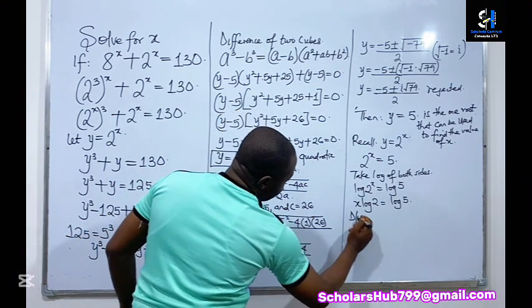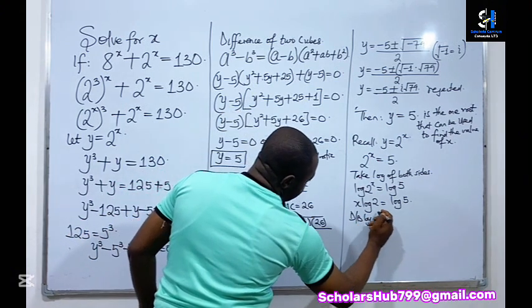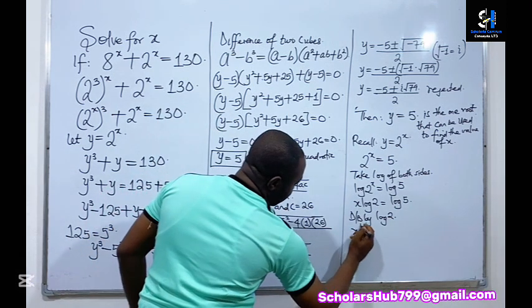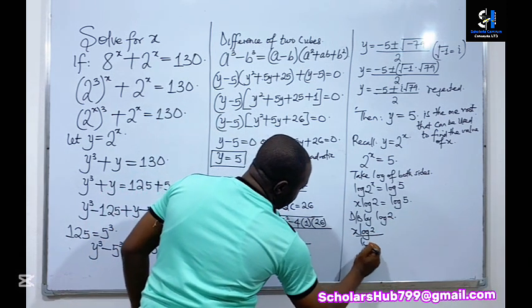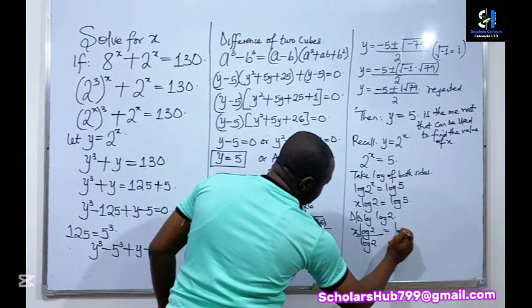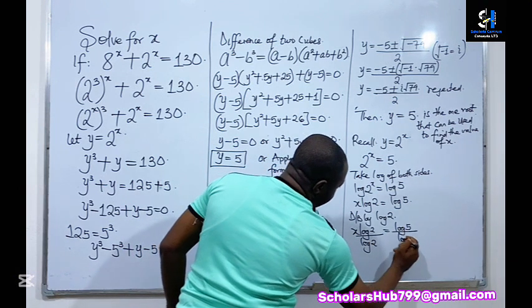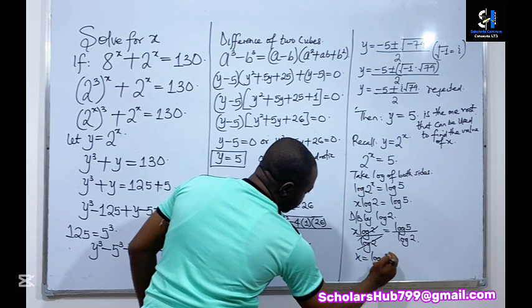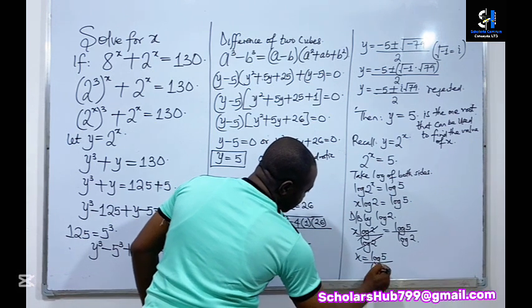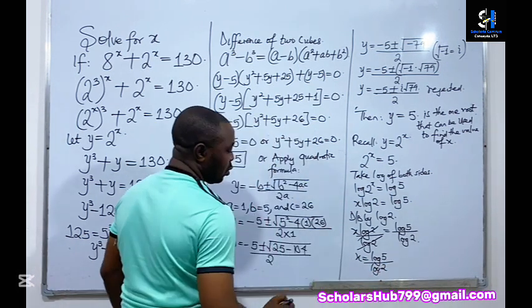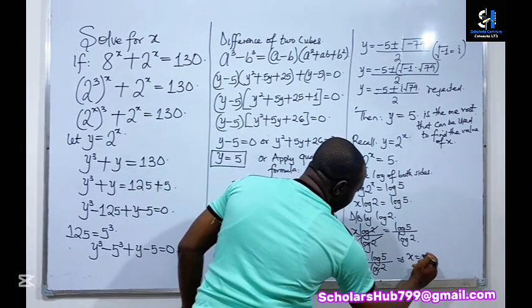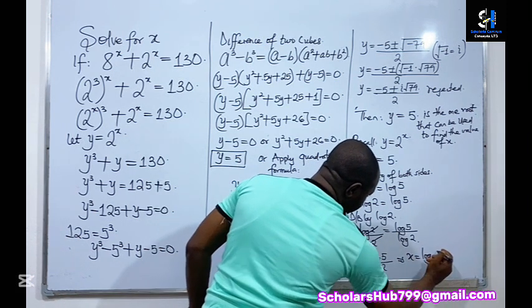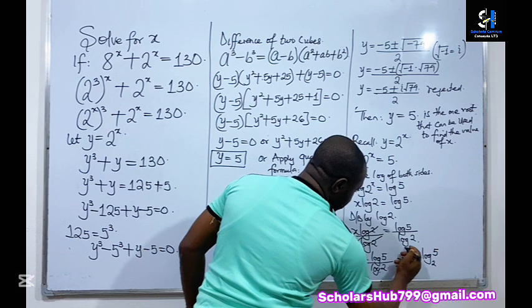Now dividing both sides by log 2 so that we can get the value of x, x log 2 divided by log 2 equals log 5 divided by log 2. Then x will be equal to log 5 over log 2. Now the value of x will be log 5 to base 2.